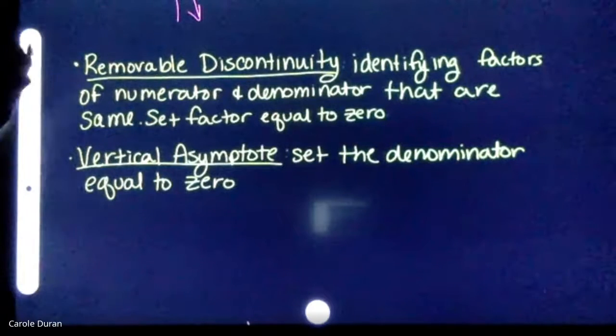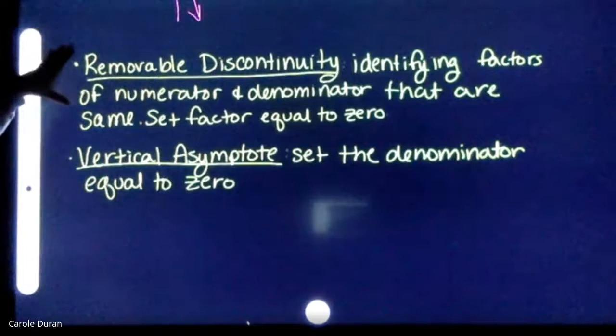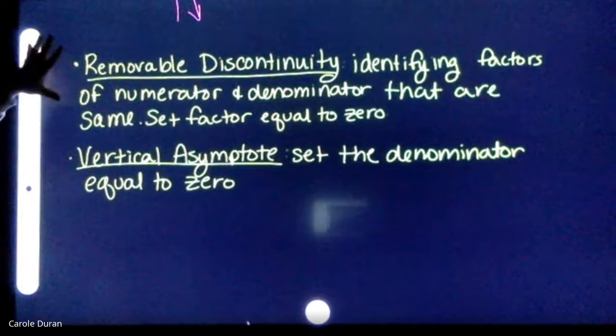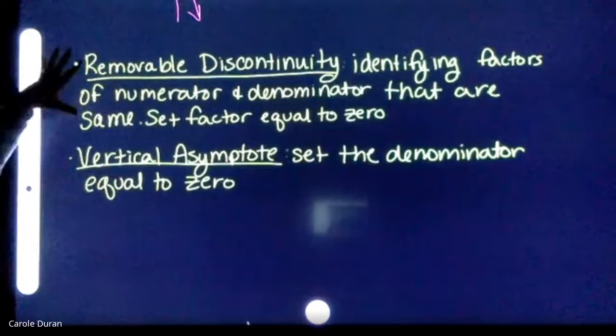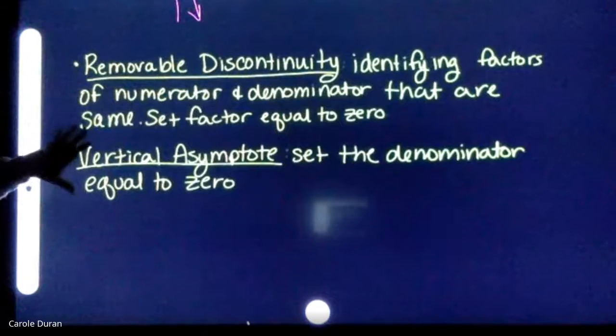We always check for our removable first. Once we take out whatever they have in common, then we check for our vertical. Okay, so our vertical asymptote is never a factor that's shared with our numerator because that's a removable, and once it's removed, this is what we do next.